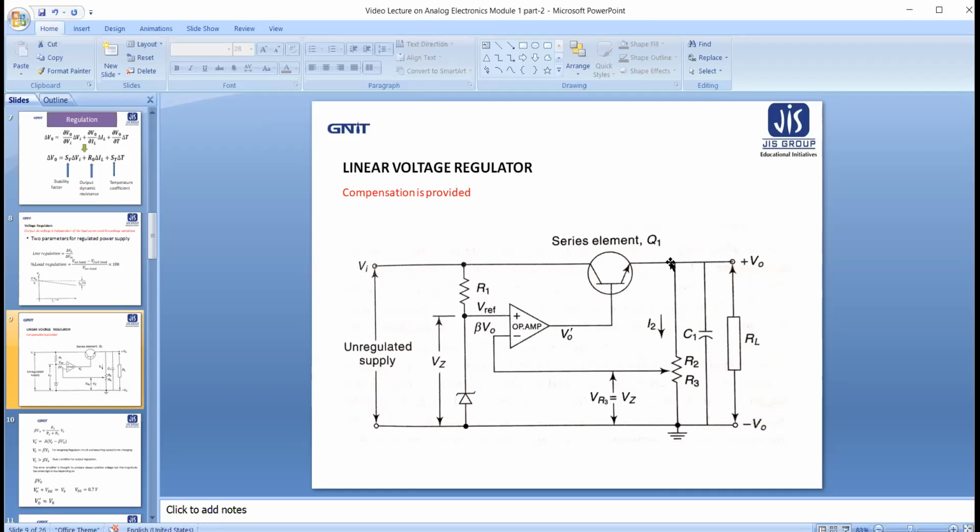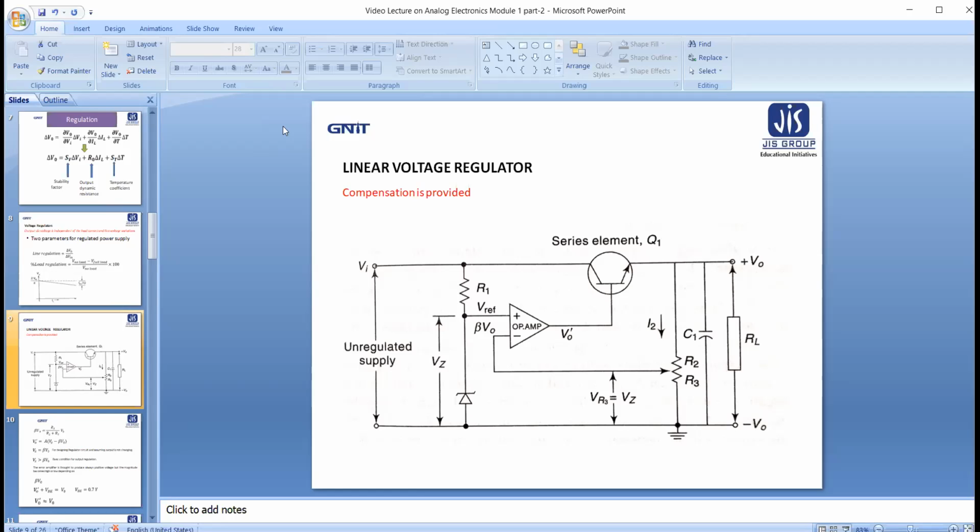After the capacitor, there is a potentiometer which is varied from the value of R2 to R3. The potentiometer is connected to an op-amp, where the other input of the op-amp is connected to a Zener diode.